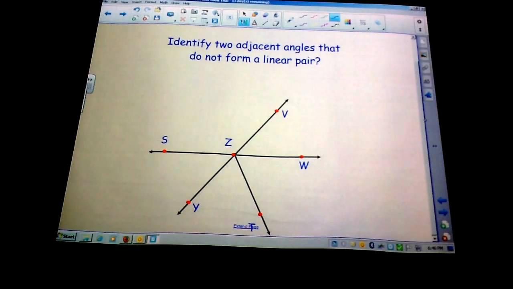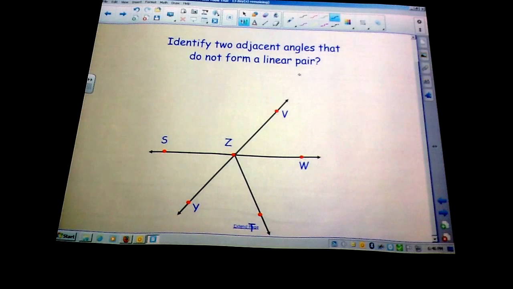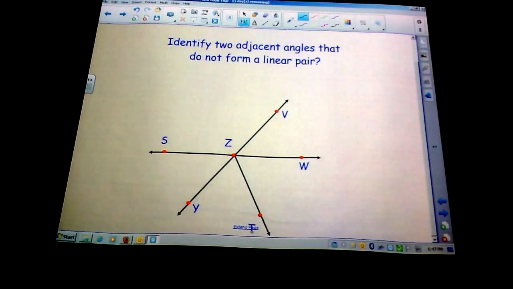Alright, so from this page, we're supposed to identify 2 adjacent angles that do not form a linear pair. So we're looking for 2 angles side by side that don't form a straight line when I put them together. If I look at VZW, it shares the common side, ray ZW, with angle WZT.